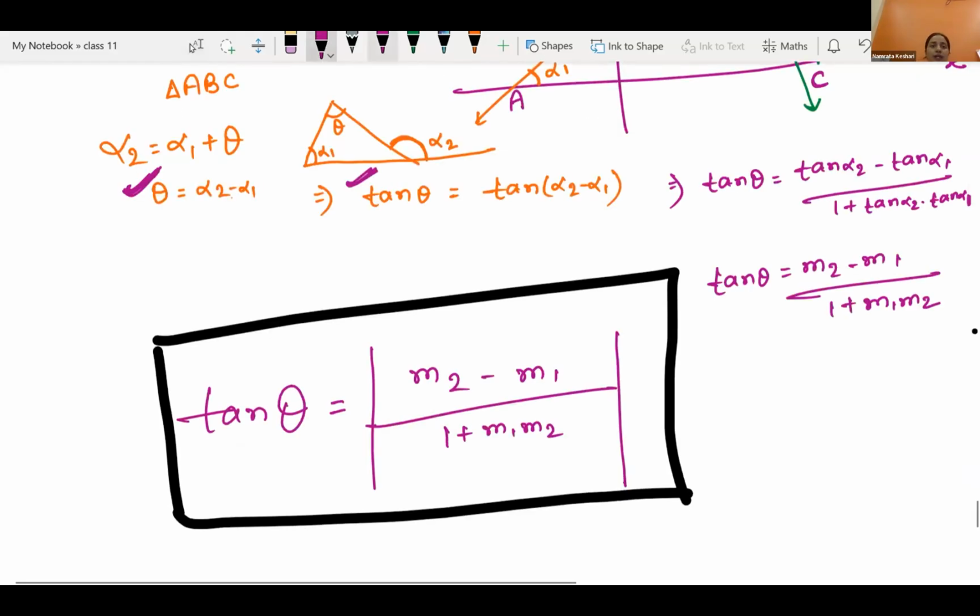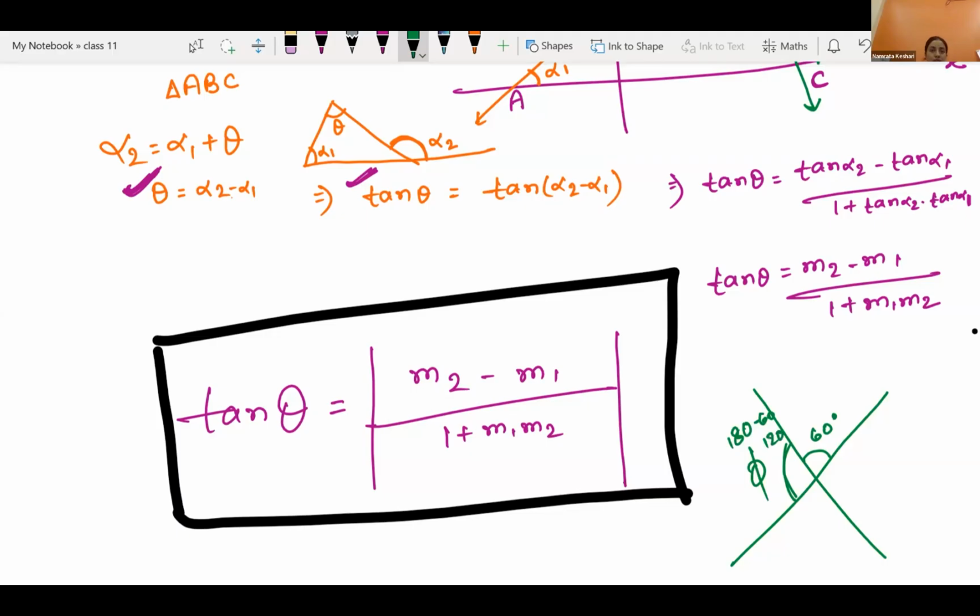When I started, I was telling you that if you have two intersecting lines and one angle is 60 degrees, can you find the other angle? You all said yes, with the help of a linear pair we can find the other angle. The other angle will be 180 minus 60, that is 120 degrees, right?